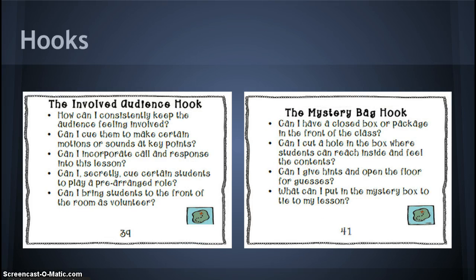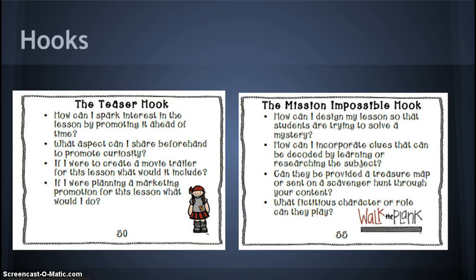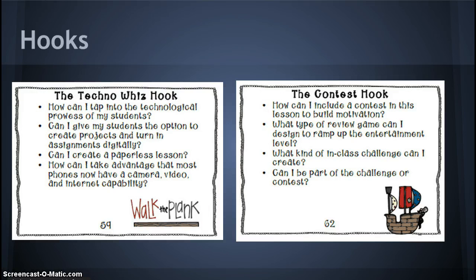There's the involved audience hook and the mystery bag hook. There's the teaser hook and the Mission Impossible hook. There's the Techno Whiz hook and the contest hook.